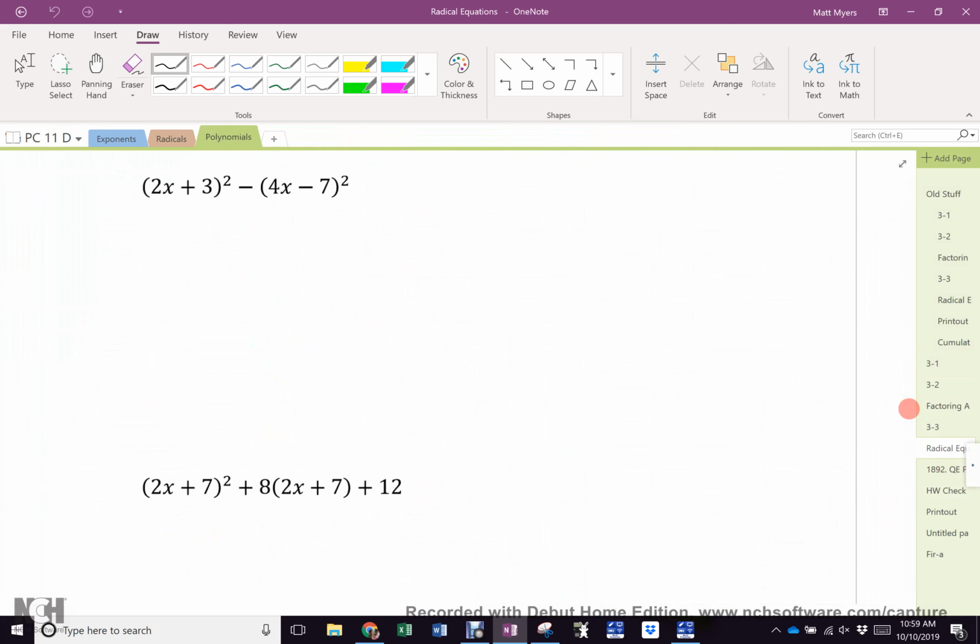It's not in your book. This is extra factoring because that's also in your test tomorrow. Let me get everybody to write these two down. Try to factor those two. If you feel you need to distribute, you're allowed, but it makes a lot more work.